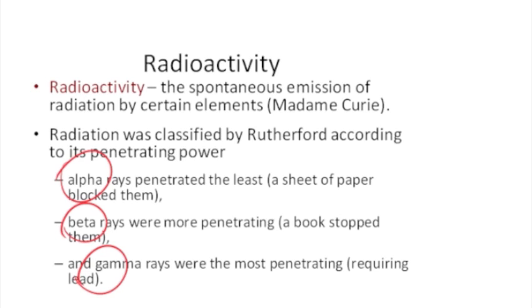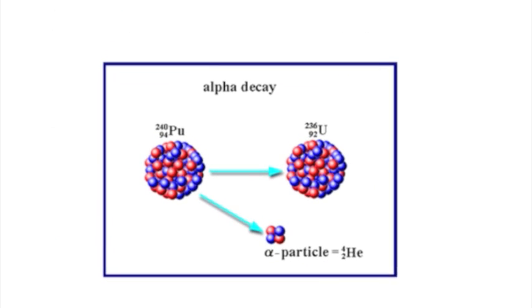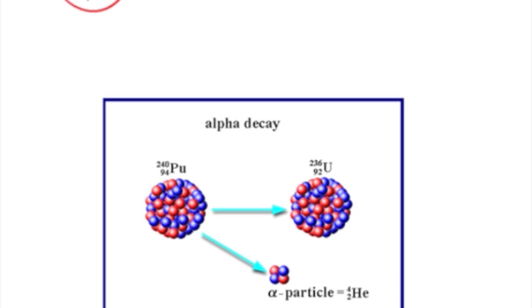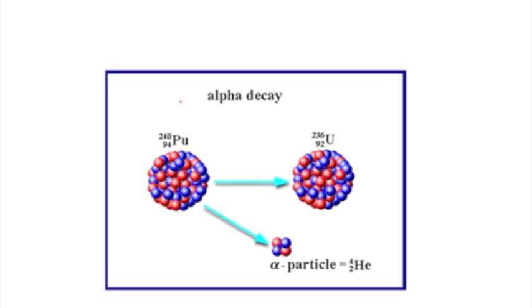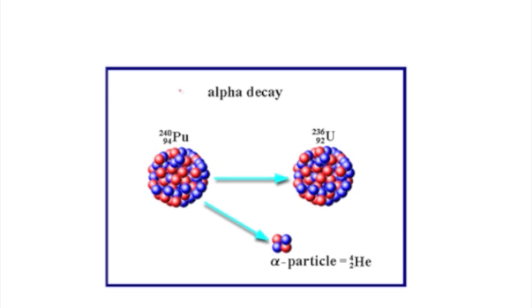So what exactly are they? Alpha decay, for example: if you have a plutonium-240 isotope, it is an unstable isotope, and that plutonium will spontaneously give off an alpha particle.